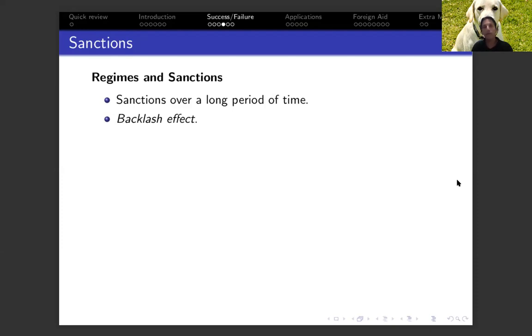Why? Because after time has passed and we're facing very adverse conditions, we actually tend to come together. This is based on a lot of psychological literature that I talked about when I discussed the political psychology aspect. We tend to come together and oppose the external pressure that we're facing. So again, let's take an example here.